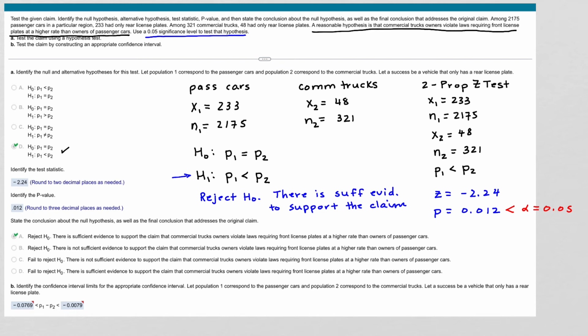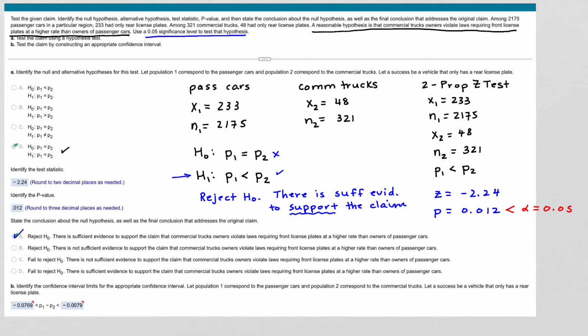We want to use the word support because the claim is the alternative hypothesis. There is sufficient evidence to support the claim because we rejected the null. So we said no to the null. We like the alternative hypothesis. So there is sufficient evidence to support the claim, and then you just give what the claim is. So that's what we've got here as our solution.